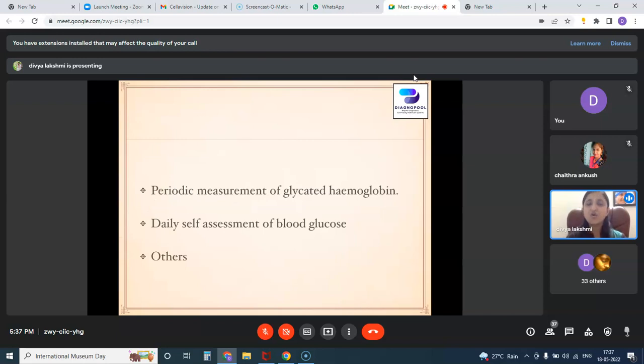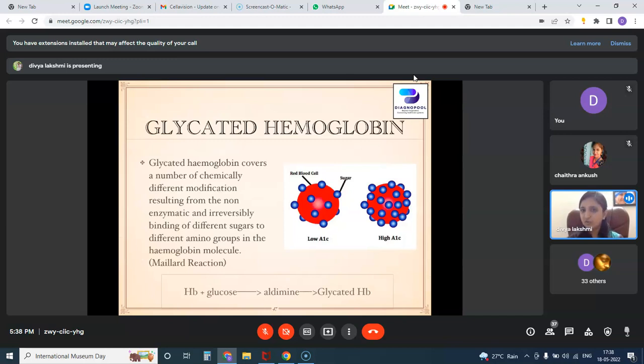So how is the blood sugar in the patient who is taking treatment? We have 2 methods, that is the HbA1c method and self-monitoring of blood glucose, that is using a glucometer. We always do this test, HbA1c. What is this HbA1c?